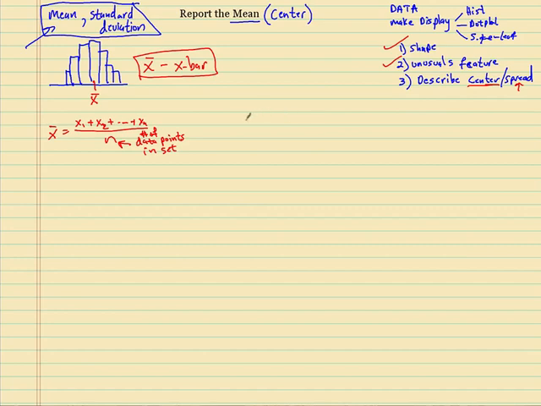So we're doing center. This is how you'd write it up in your report. You would say the mean of the, now we're going into our W's. What are we measuring? The mean of the what? That's the variable we're measuring. The mean of the, let's say, heights of the, who are we measuring it on?